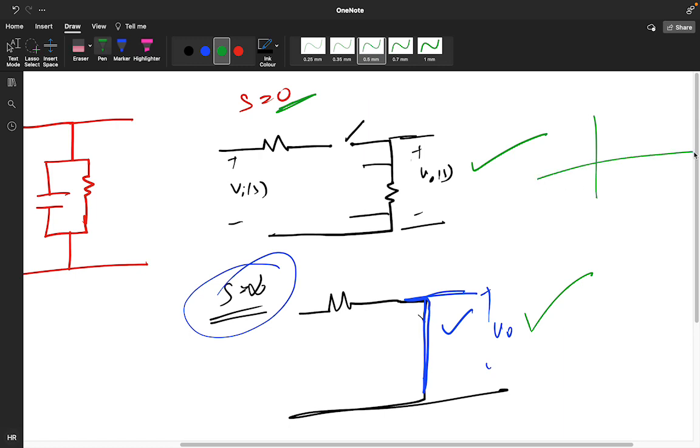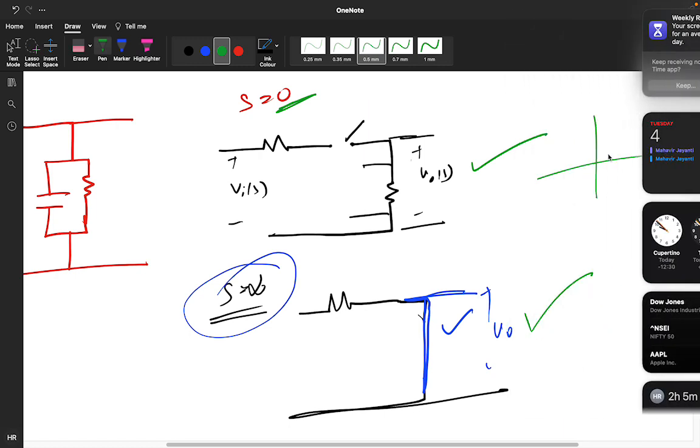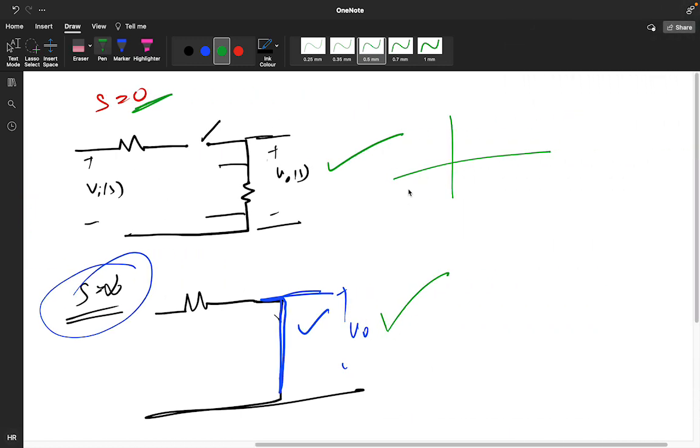That means it is a band pass filter, not band reject, band pass filter, because at initial frequency we are getting 0, and at high frequency we are also getting 0. That means it is a band pass filter. Guys, are you getting these things or not? Okay. So it's a band pass filter.